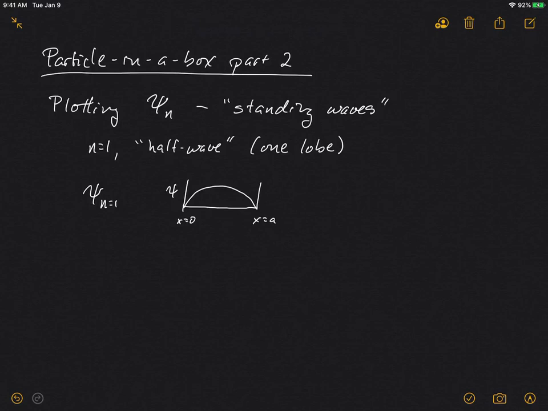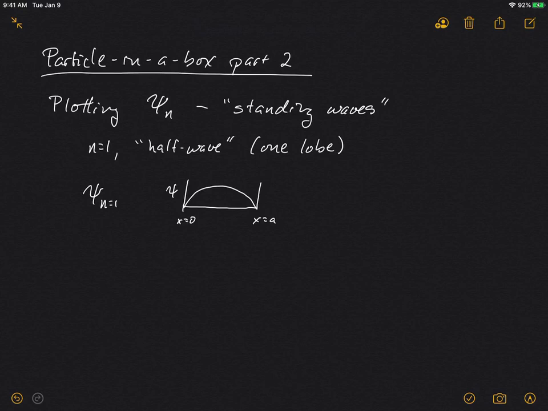All right, so this is part 2 of my lecture on the particle in a box. Last lecture, we got through the point of setting up the problem, making a diagram, putting together the Schrodinger equation based on what we knew about the system, based on the coordinate system, the expressions for kinetic energy and potential energy for the system.